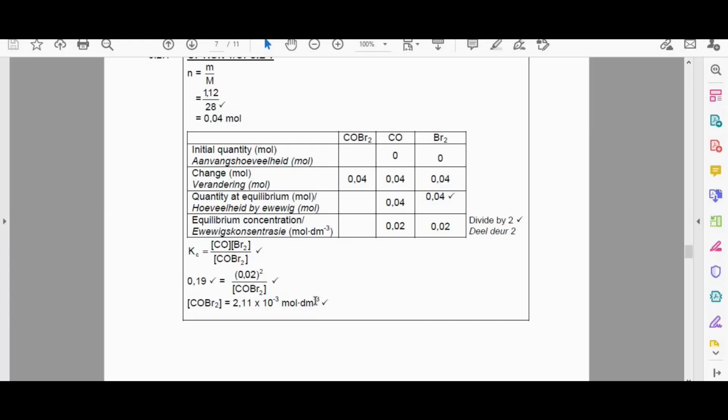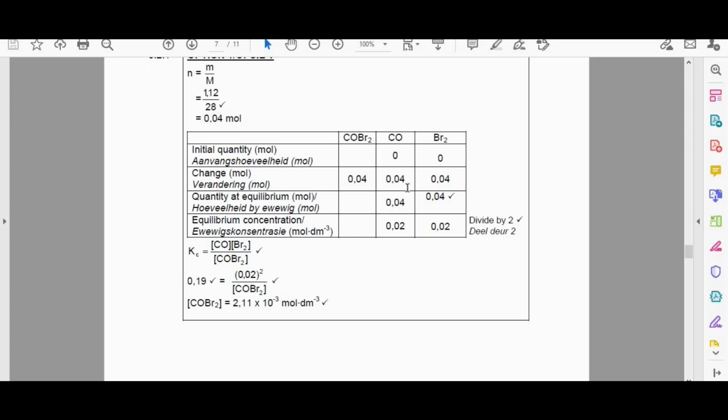Yes, we are. Okay, so that one was not the simplest, of course, because all we were able to do was by mole ratio, we were able to fill out the products, we were able to fill out the change. So the change in moles, because we calculated at equilibrium, it was 0,04.